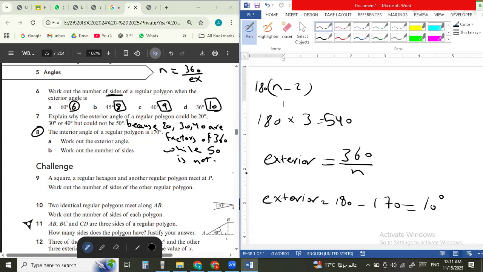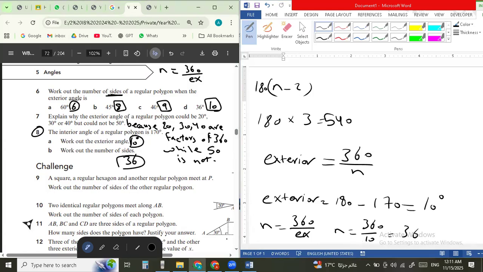So the exterior is 10 degrees. Work out the number of sides. We learned that the number of sides, n, equals 360 over exterior. We found that the exterior is 10. So 360 divided by 10 equals 36 sides.